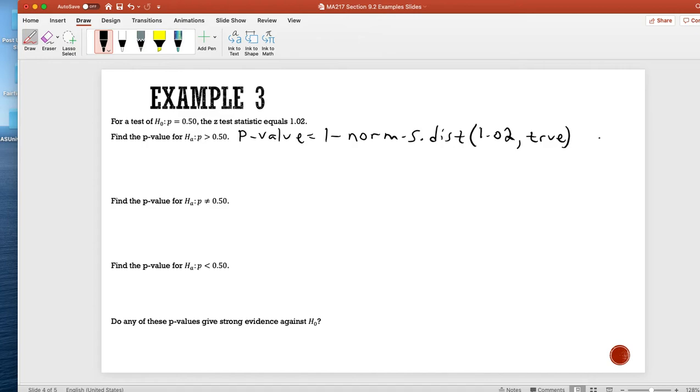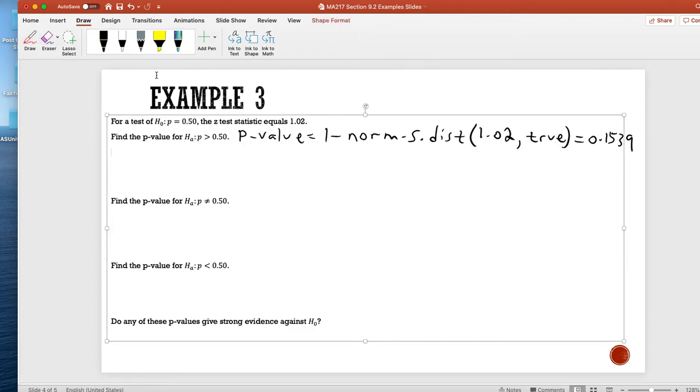If you put this into Excel, you should get an answer of about 0.1539.